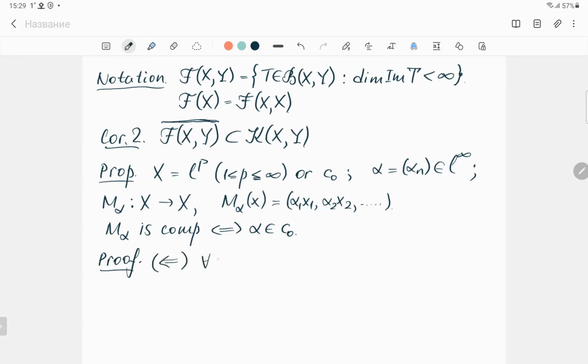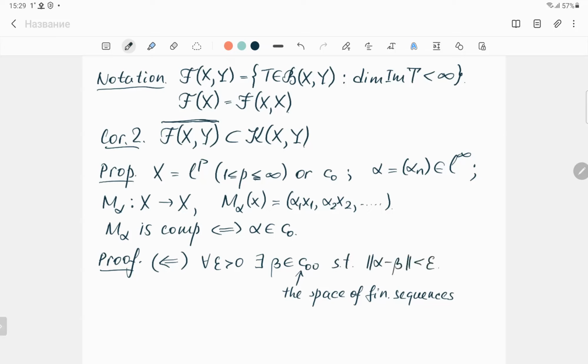Then, for each positive epsilon, we can find a finite sequence beta in c00. So c00 is the space of finite sequences, that is, sequences which are eventually zero, such that the distance between alpha and beta is less than epsilon. This is because the space of finite sequences is dense in c0.